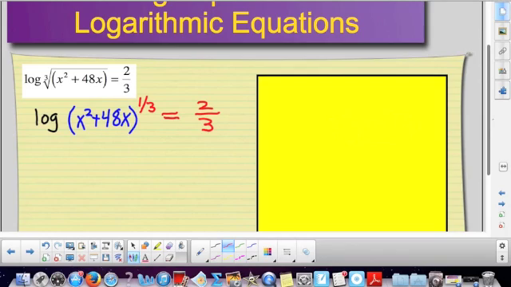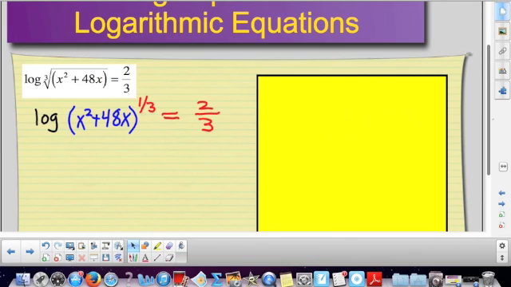Question still looks scary, but at least you've got rid of your radical. Now, what is my base here? What is my base? 10. Good. When you don't see a number written as a base, then your base is already 10. I only have a log on one side, right?